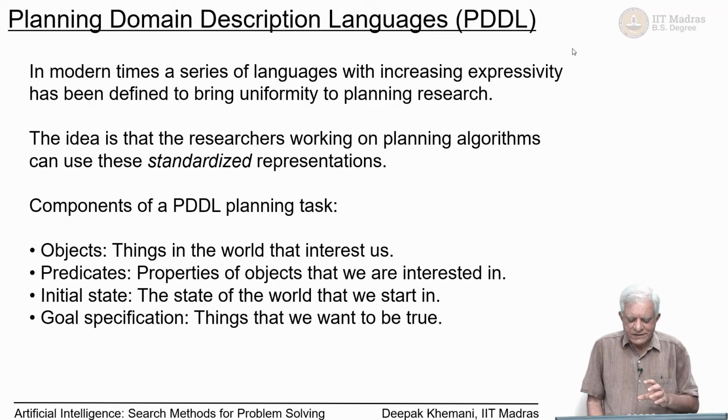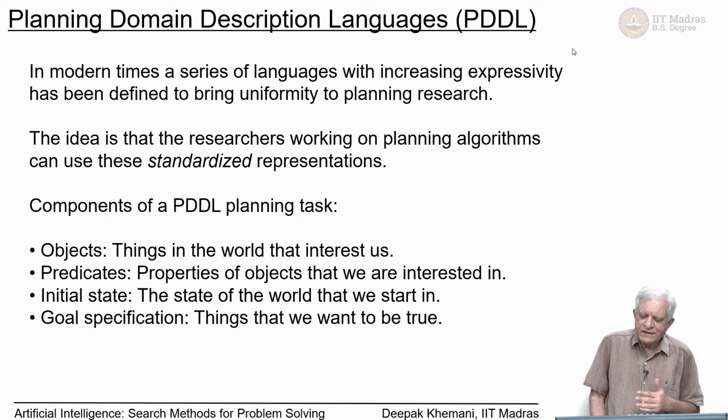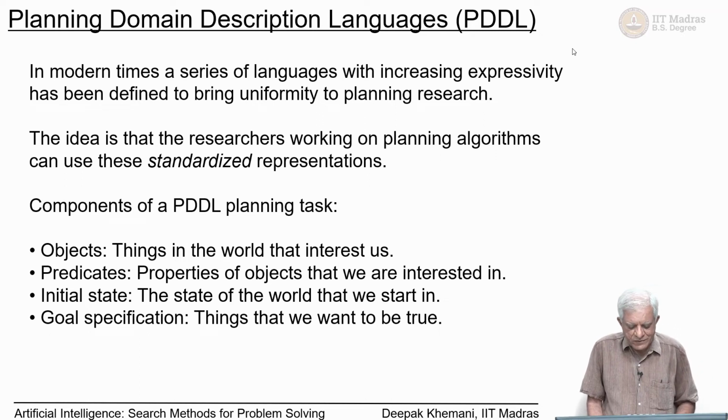We are only concerned that these predicates must be true in the final state, and then we are happy. We do not say that this should be the complete final state. So, a goal specification or a goal description can apply to many states essentially. For example, if you simply want to say that block A must be on top of block B, and that is all you care about, and the rest of the world can be whatever.